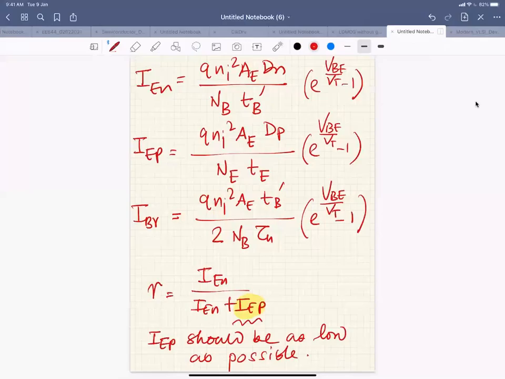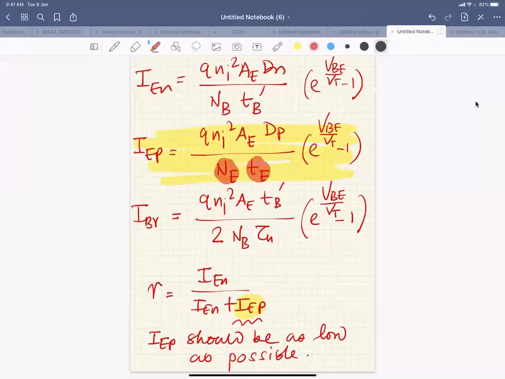Let's go to the equation for IP. If I want IP low, what can we do? There are a couple of things. Either you increase the doping of the emitter, NE, or you increase the thickness of the emitter. These are the two things. Other things you cannot change.